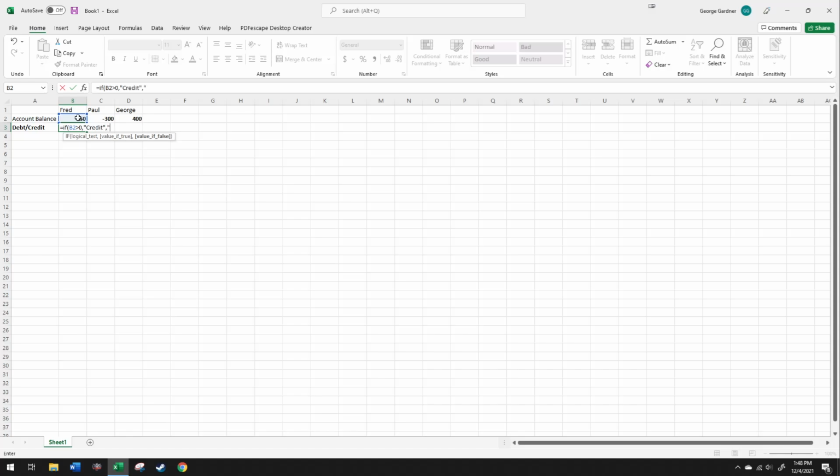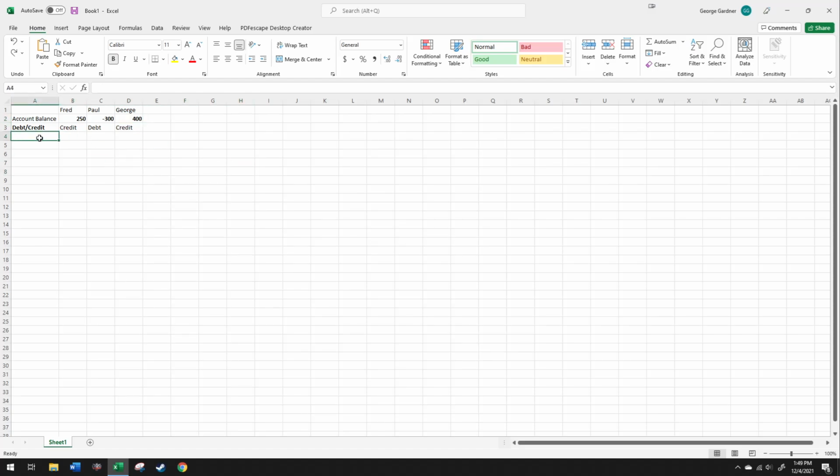If it's false, then he has debt. And we can see it's working. Paul has debt, Fred and George have credit. Always test this stuff to make sure it's working the way you want. And it is working the way that we predict, so that's perfect.